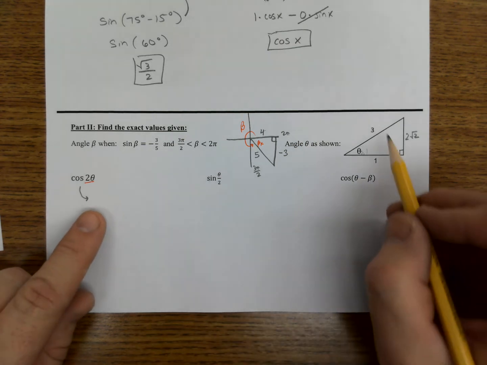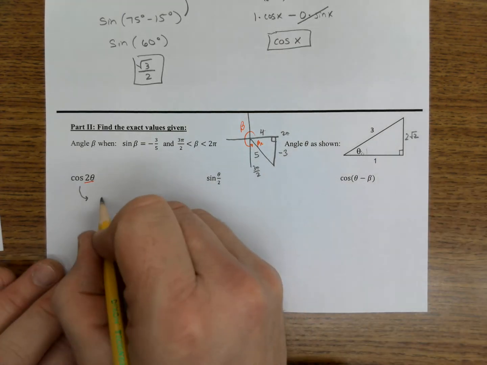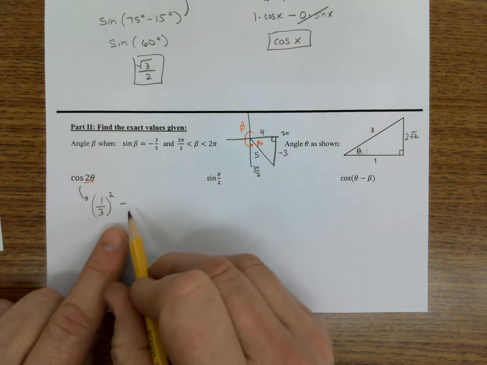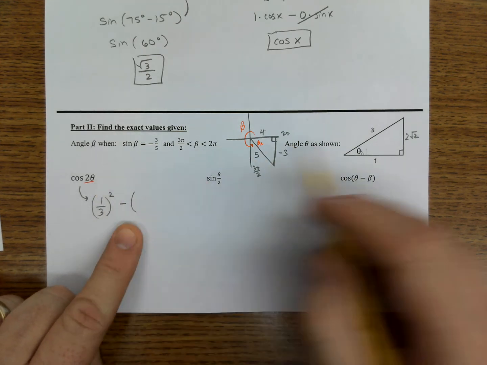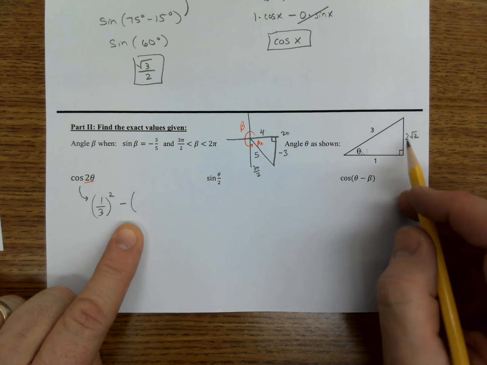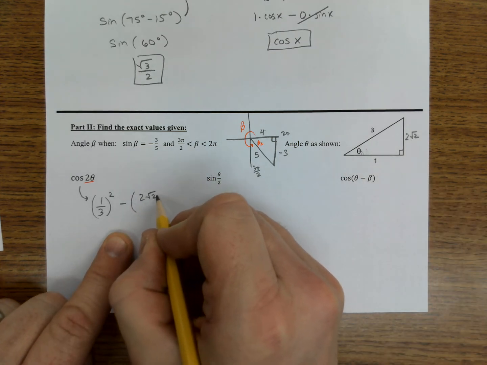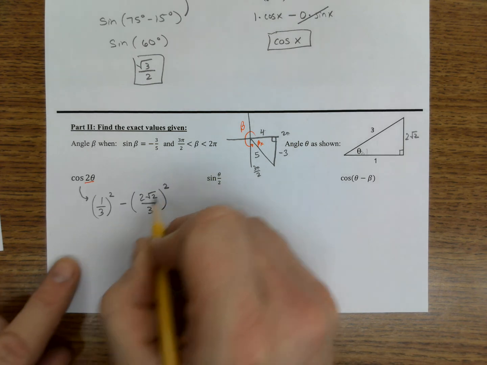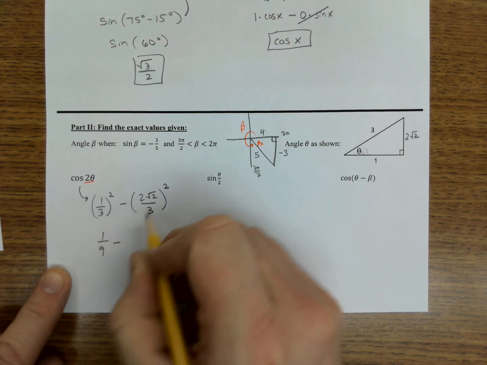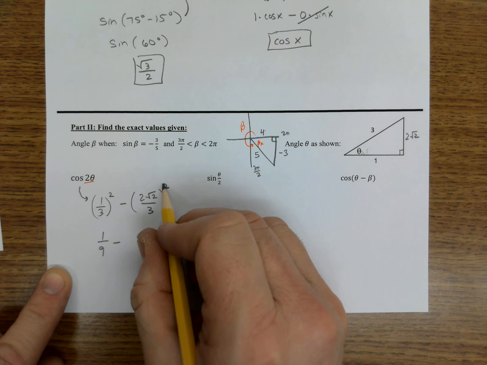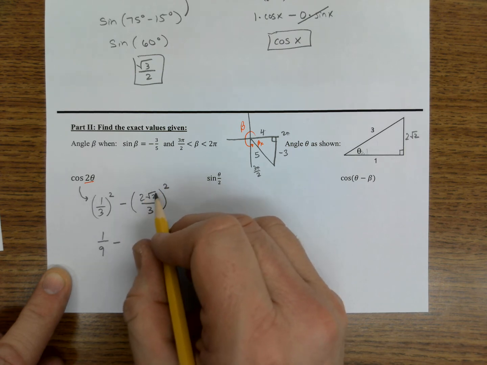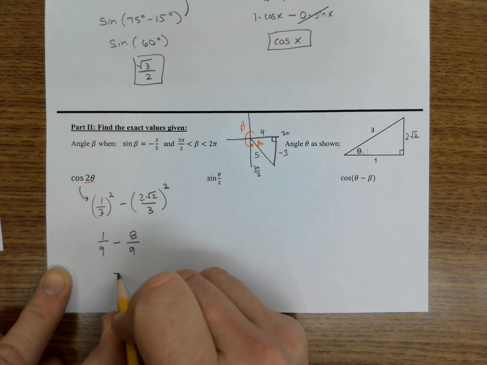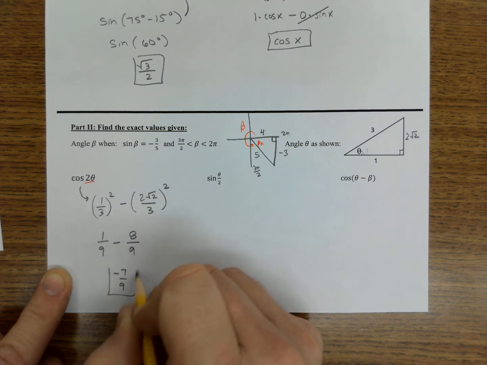So the cosine value over here is 1/3 squared, minus, because that's the formula, the sine value over here, 2 root 2 over 3, squared. 1/9 minus, 2 squared is 4 times root 2 squared is 4 times 2, which is 8, over 9. So -7/9.